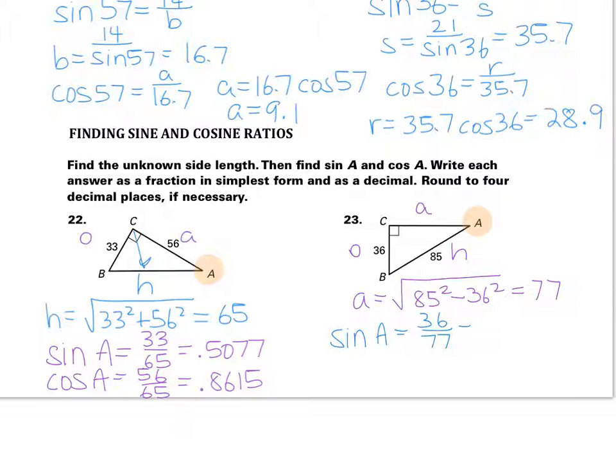Oh, sorry. I did that earlier too. We just found the adjacent. It's a common mistake. 85 is the hypotenuse. And then the cosine is the adjacent, which we just found. So it's very easy to get confused.